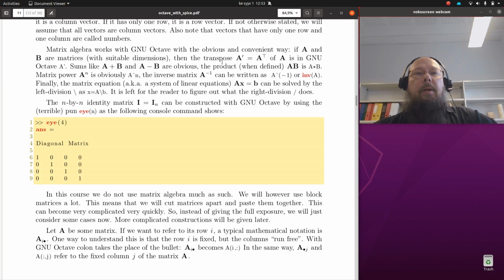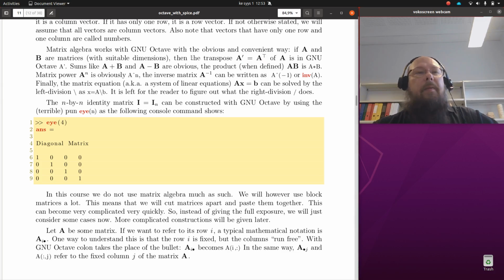If you want to transpose a matrix, there are many definitions or notations for the transpose in mathematics. Sometimes there is just a prime there, or then there is a T like transpose.